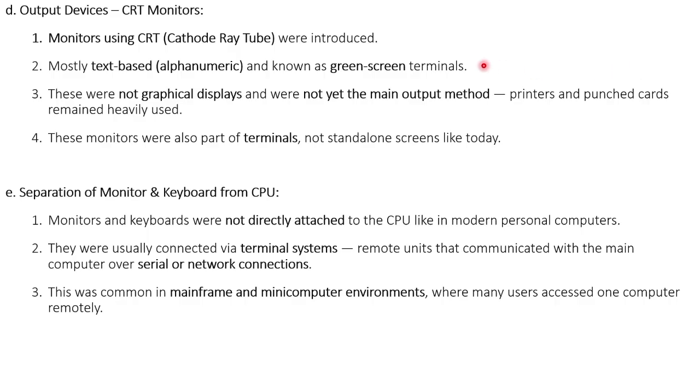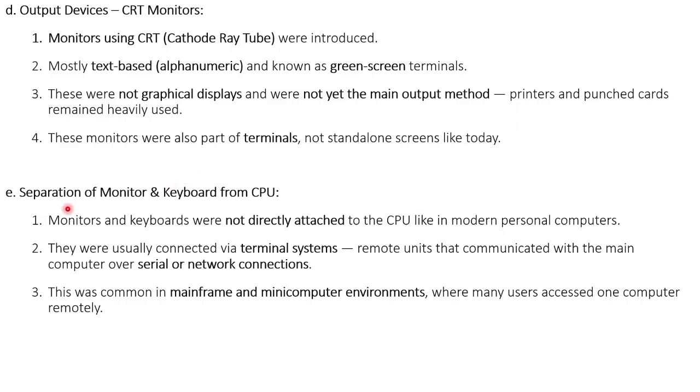Monitors using CRT were introduced in this time period, mostly text based, alphanumeric, and known as green screen terminals. These were not graphical displays and were not yet the main output method. Printers and punch cards remained heavily used in this generation also. These monitors were also part of a terminal, not a stand-alone screen like today. So we start using devices like monitors and keyboards, but at that time we rely heavily on printers and punch cards.